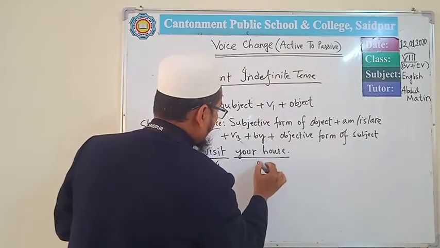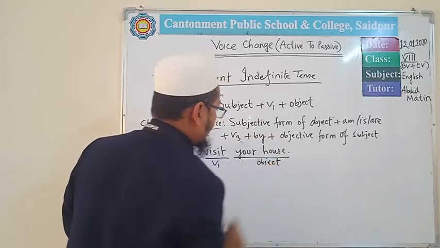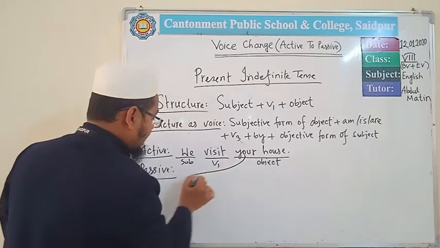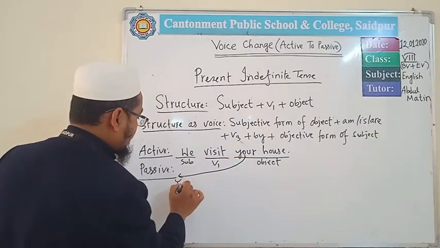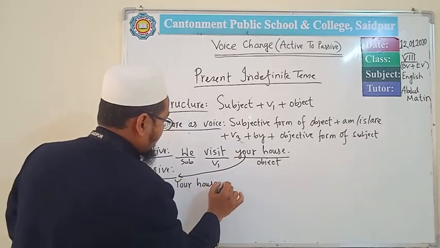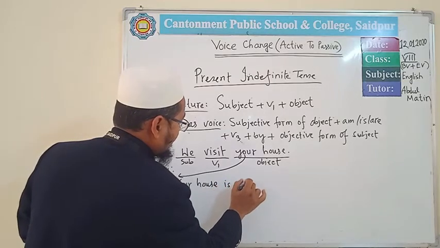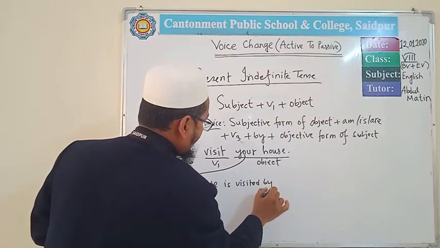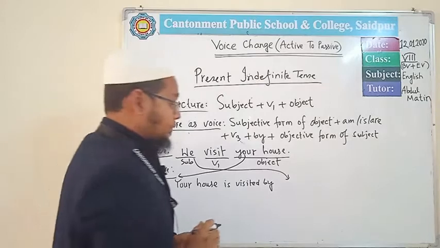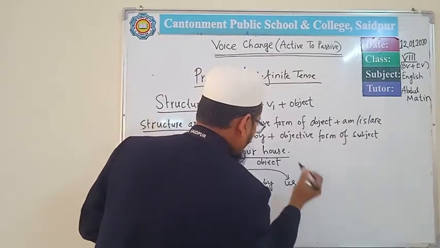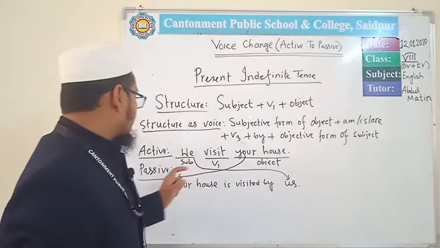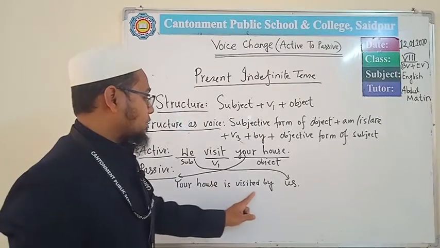Your house is object. So if you want to make it passive, then object will be at first. Then your house is visited by, and here will be the objective form of we, that means us. So here the sentence is we visit your house, and the passive voice is your house is visited by us.